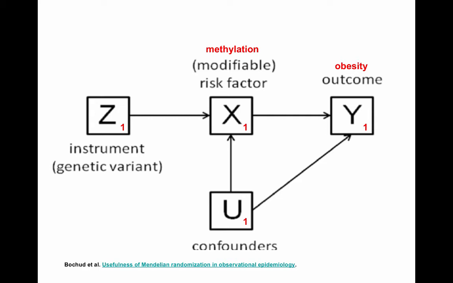So in our example, we can think of this observed methylation pattern as the exposure and obesity as the outcome, or BMI as the outcome. And we can interrogate that association using an instrumental variable that captures methylation. Later, we'll talk about what those variables can be.